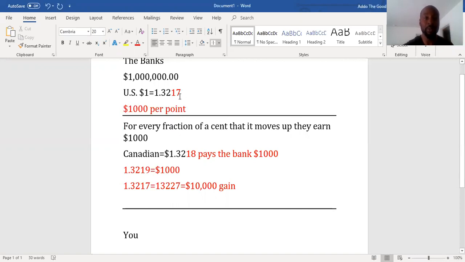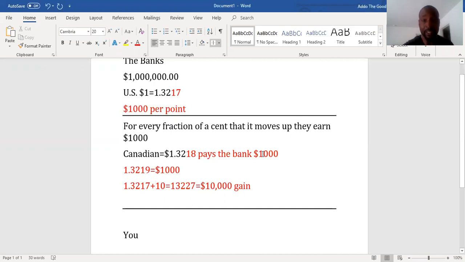So let's take this number again. The original number was $1.32, 17 fractions. Let's say it moved up 10 points. What's plus 10 points? 32.17 plus a 10-point move will equal 32.27.